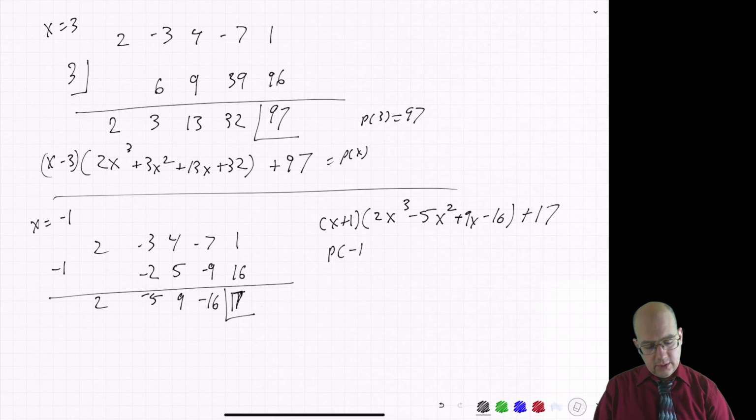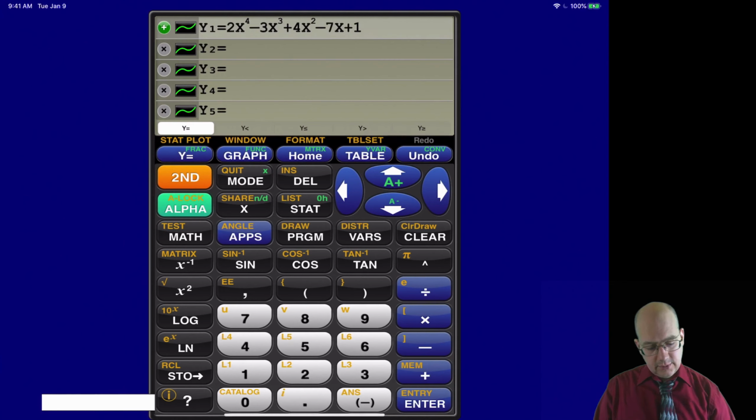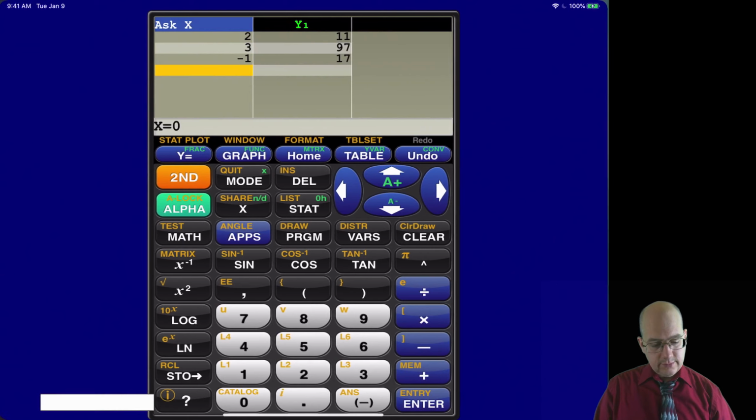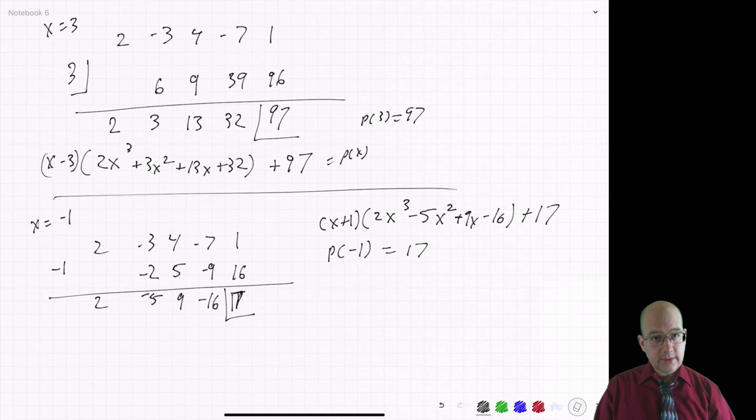So p of minus 1 is just going to be 17. And we can check to see if I made any mistakes by going back to our little table. Minus 1, 17. Easy peasy. Right? So there you go.